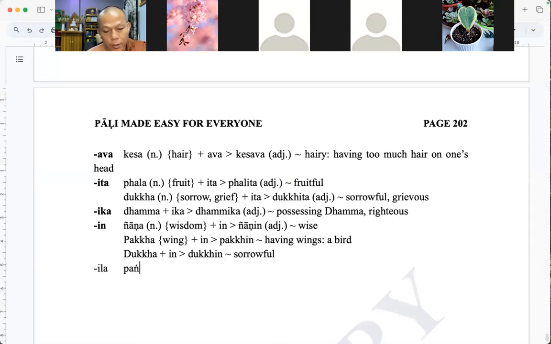Binka actually means mad. After that, the illa, so we have bingila. Bingila means mad, in this way.